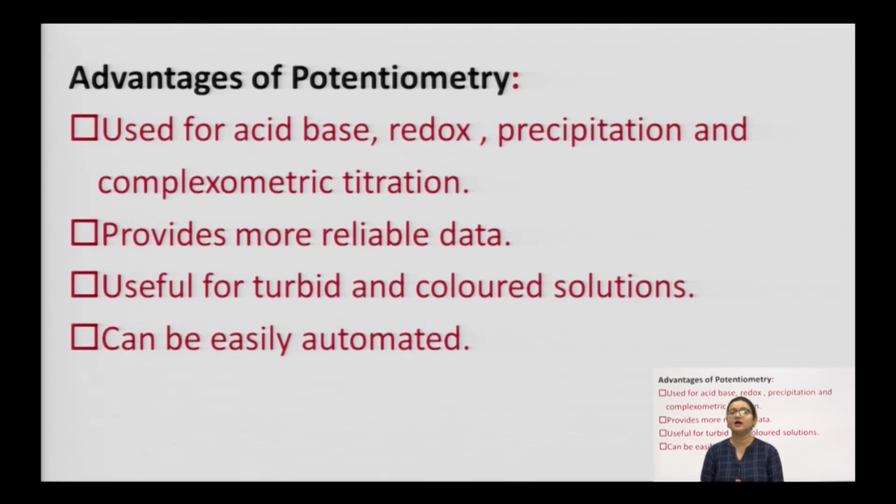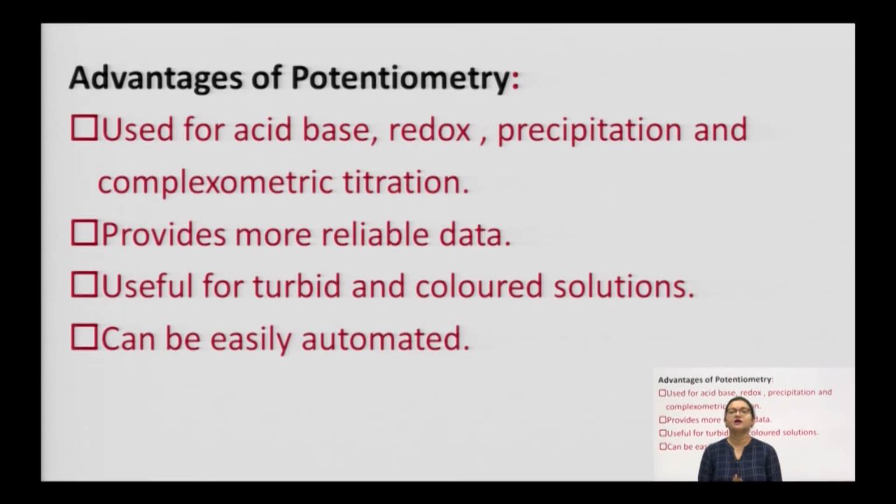More reliable data means, for example, that an indicator sometimes shows indicator error. It does not show the change of proper color at the specific end point. That is the indicator error, which has to be avoided in pharmaceutical analysis for determinations to be accurate and precise.